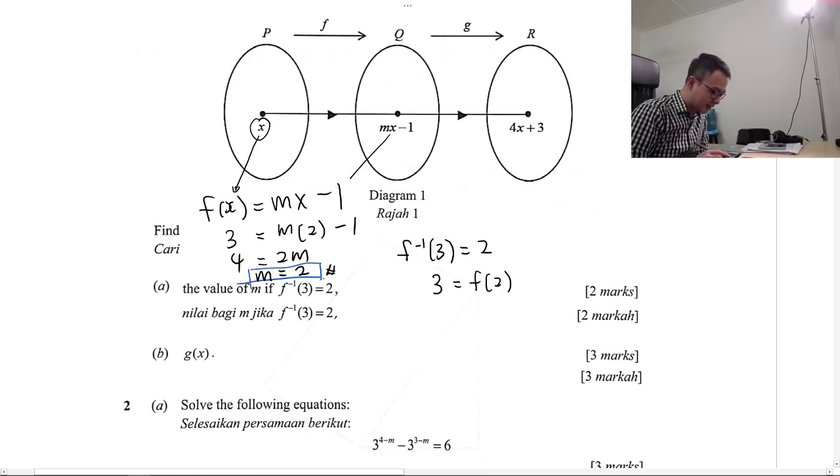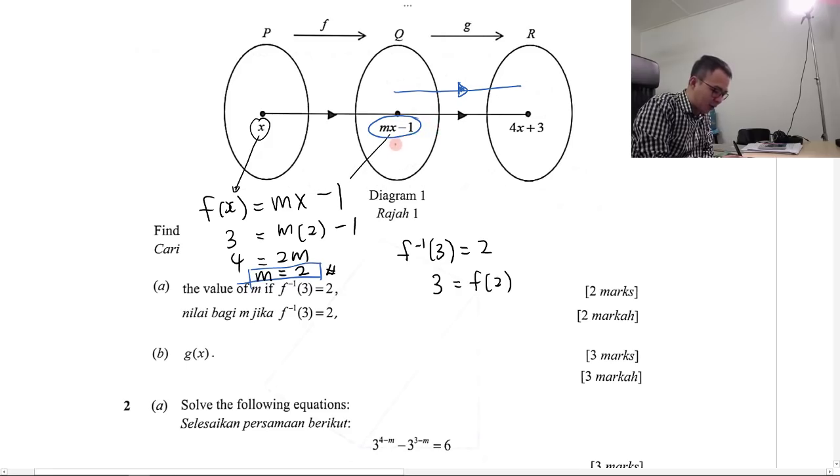Then the next thing, the question asks you to find g(x). If the question asks you to find g(x), what I will do is I know this is a process of g(x), from f to g. But then this is not in terms of x, right?